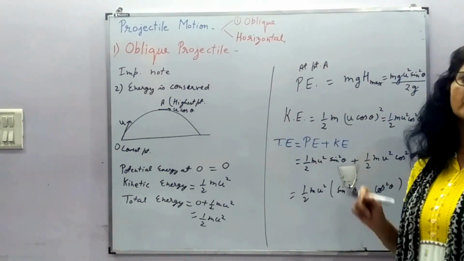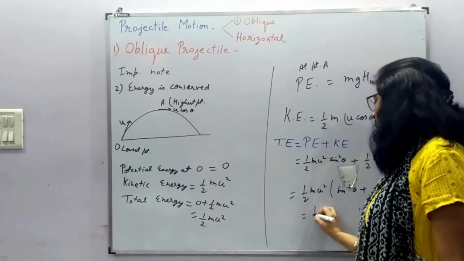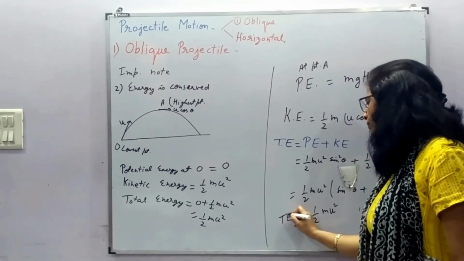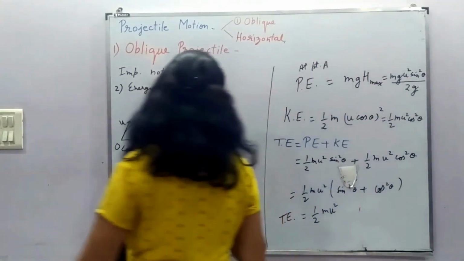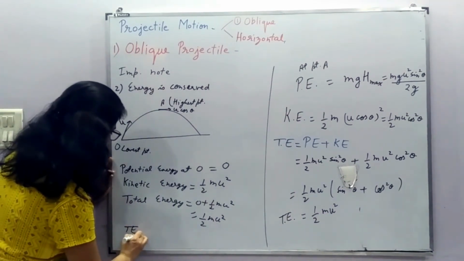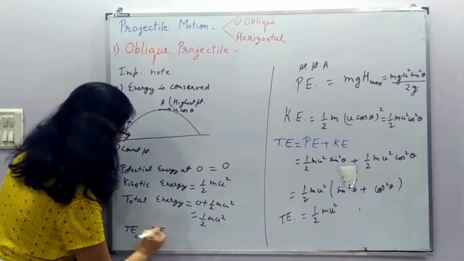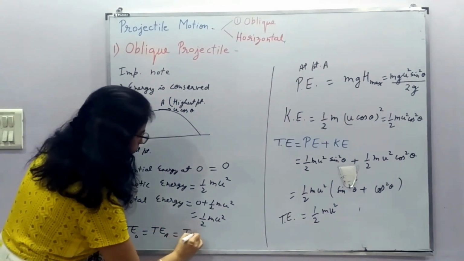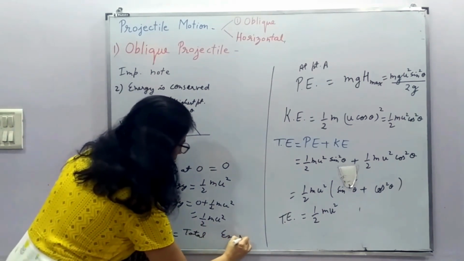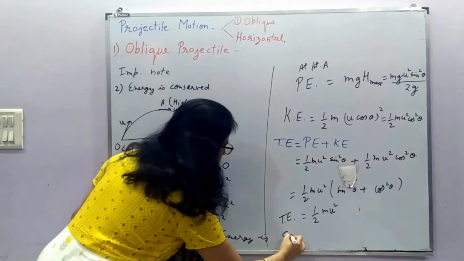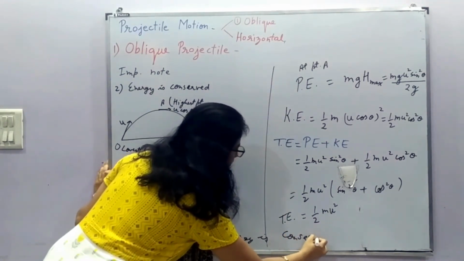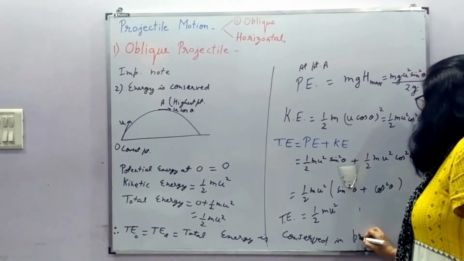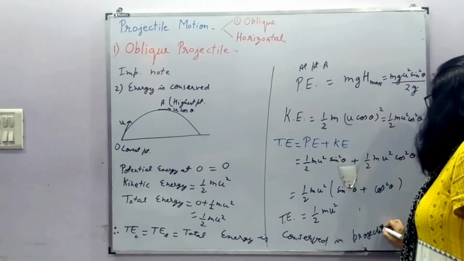What is the value of sin square theta plus cos square theta? It is 1. So the total energy comes out to be same as point O. So we can write down this thing, that since the total energy at O is equal to total energy at A, therefore, total energy is conserved in projectile motion.